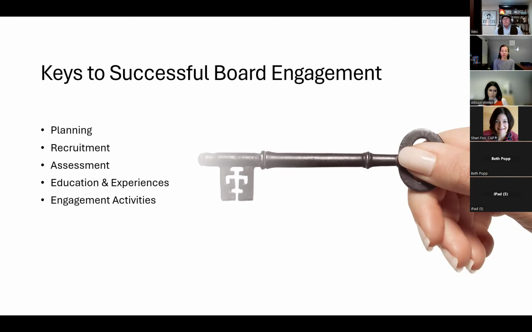Informal is mentorship: matching an experienced board member, or potentially an advisor who was a board member, with a new board member being onboarded, to help guide them and understand the process.